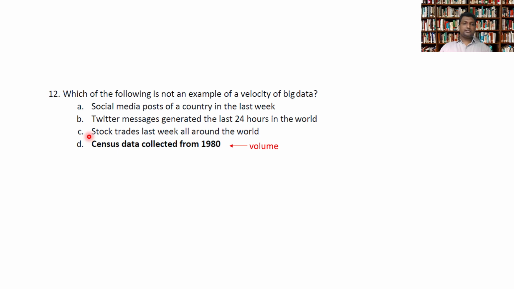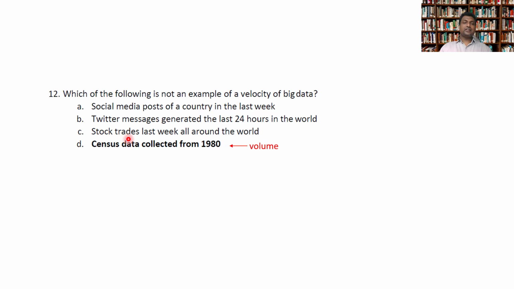Let's look at C. Stock trades last week all around the world. We have a lot of stock markets all around the world in different countries, and each country opens its stock market every day and does trading. So a large number of trades happen every day, and when it comes to the whole world, a lot of stock markets are there.